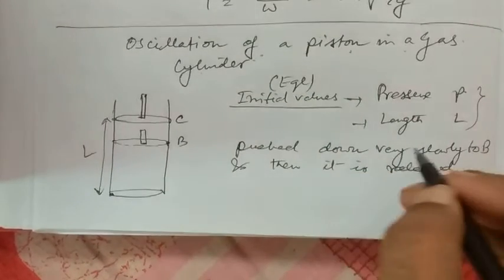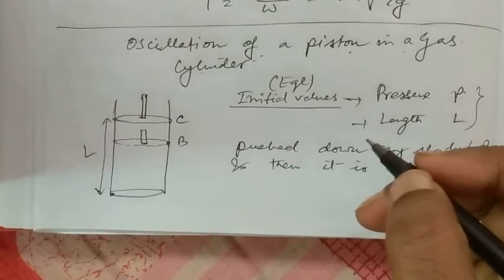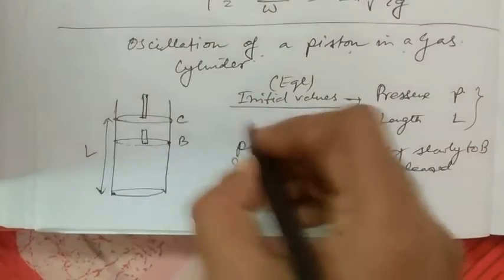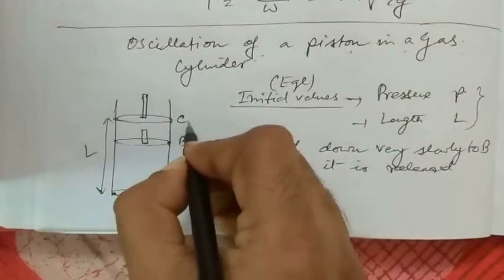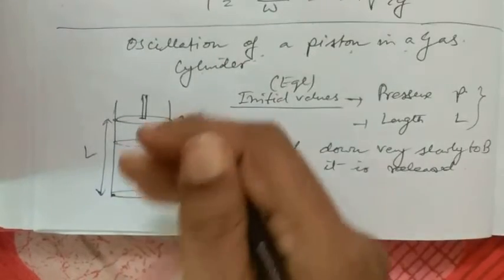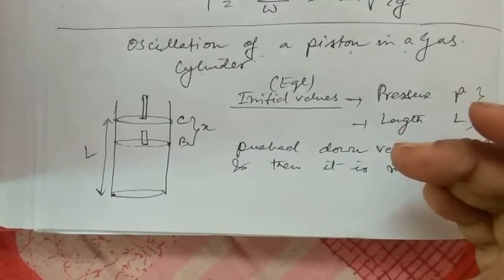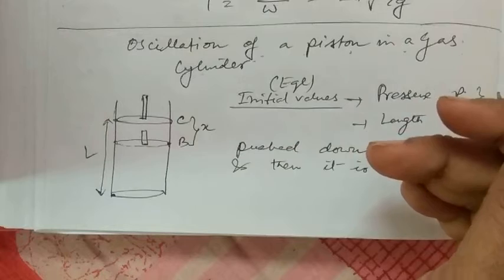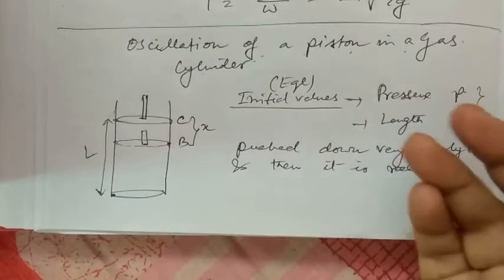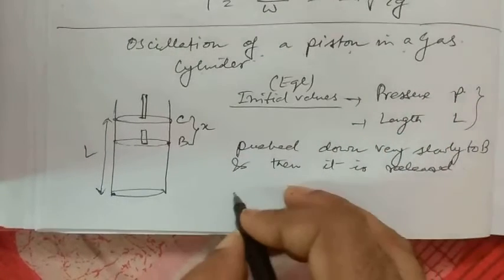Now, suppose the piston moved down through a distance x from position C to B. The pressure of the enclosed gas increases from P to P plus small p.